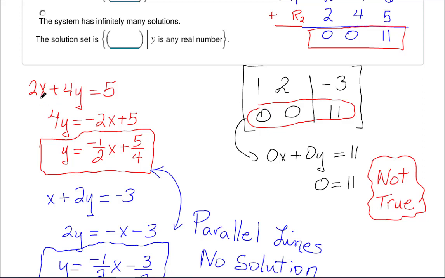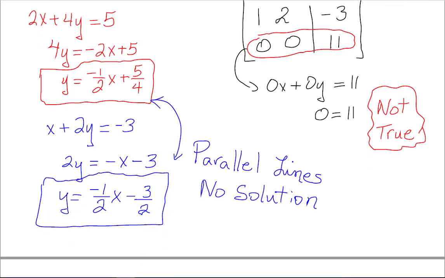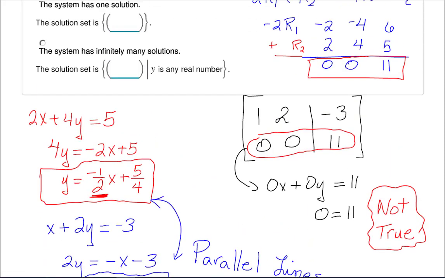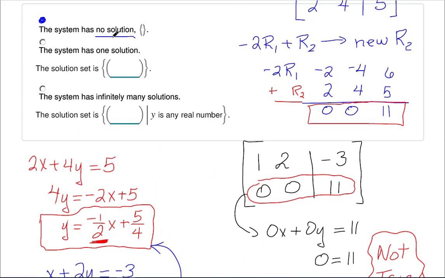I'm just showing you that if you isolate the y in each equation, let me scroll up a little here. If you isolate the y for each of the lines, you get that they both have exactly the same slope, minus 1/2 x. They have different y-intercepts, so they are parallel lines with no solution. And so if I come back up here, the system has no solution.